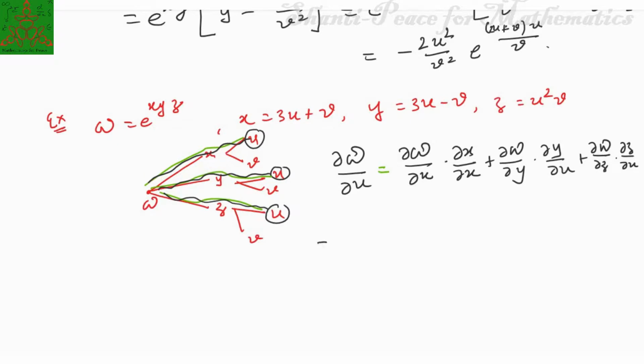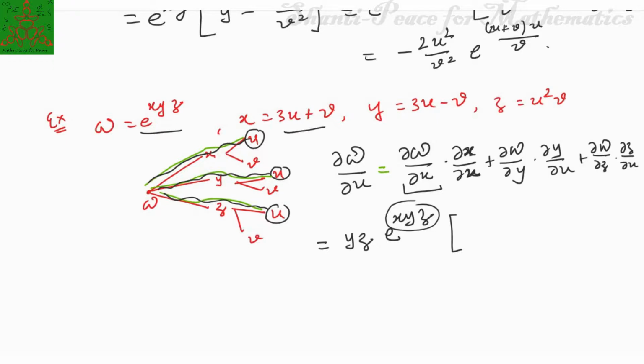Now the question is to calculate these quantities. Del w upon del x is yz e power xyz, because the derivative of e power xyz is e power xyz, and the derivative of xyz with respect to x is yz.